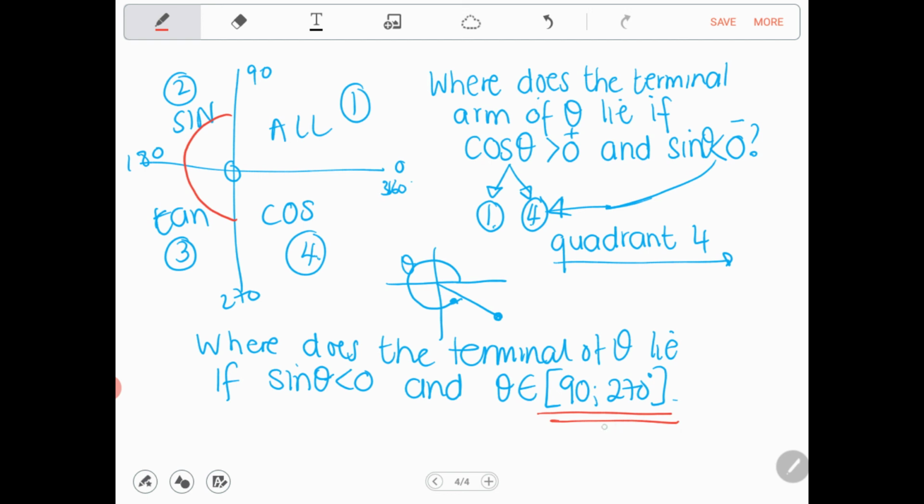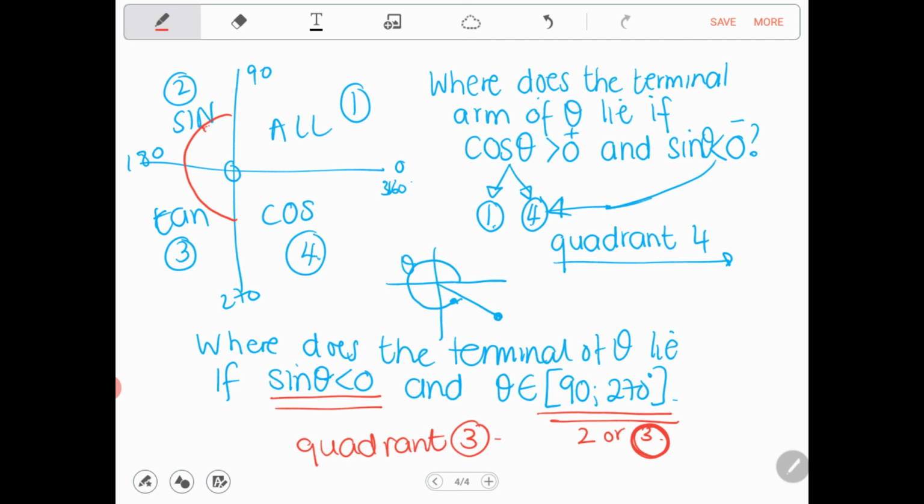Okay, so this would be 2 or 3. All right, now this piece of information tells us sine is negative. Now in quadrant 2, sine is positive. It says there, quadrant 2, sine is positive. So this tells me I must be working in quadrant 3. So the answer to this question would be quadrant 3.